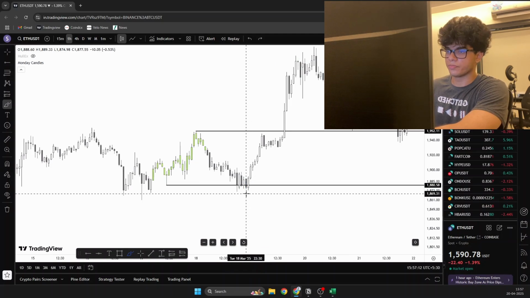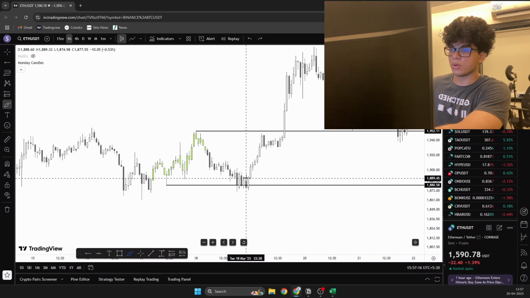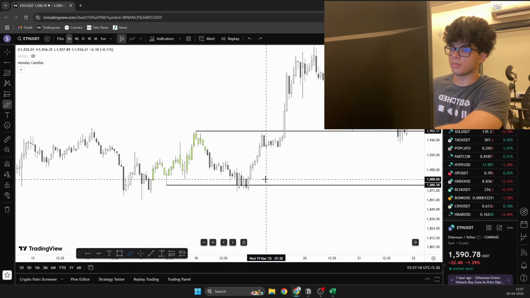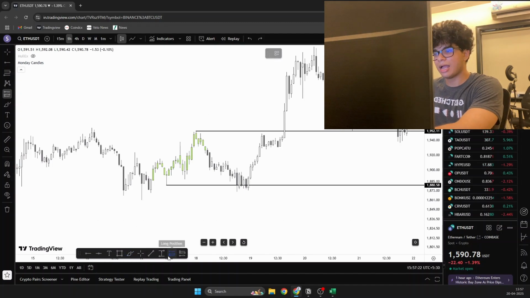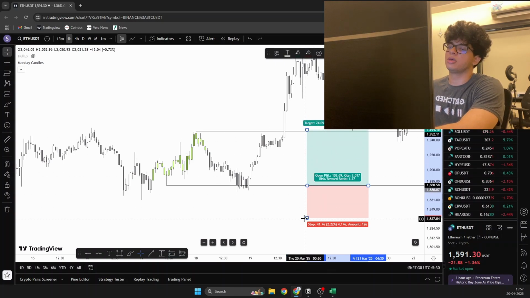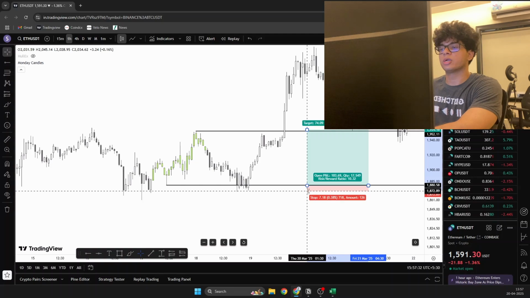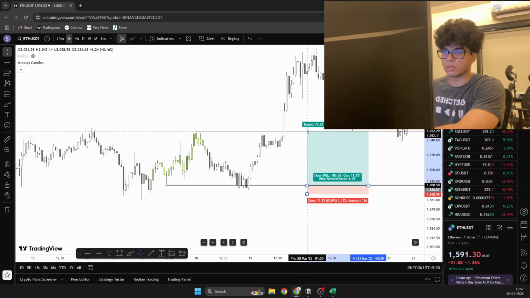Then once price closes again above Monday's low, you want to long it. And the most important part here is you want to aim for 2 RR. You don't want to aim for the whole thing. I would suggest you aim for 2 RR, or you should also watch out for the first trouble areas, or both.